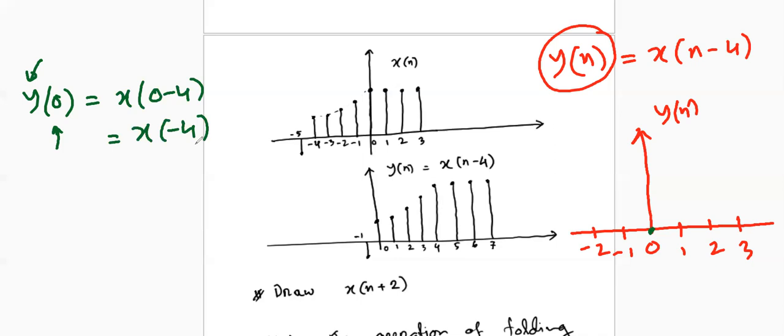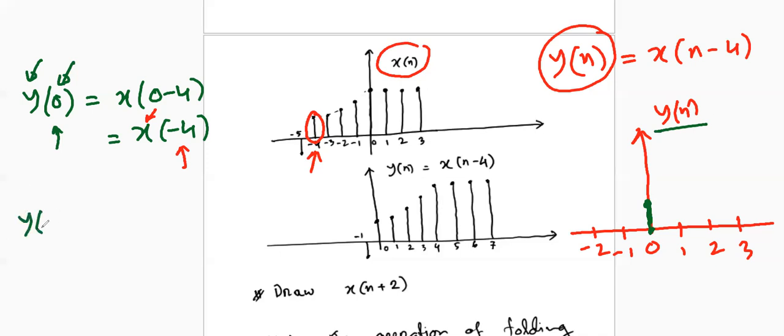What is the value of x[-4]? x is the mother function, and this shows the sequence. Where is -4? This is -4. You understand? So what is the value? The value is this. I will put that value at this location, because I am drawing y[n].